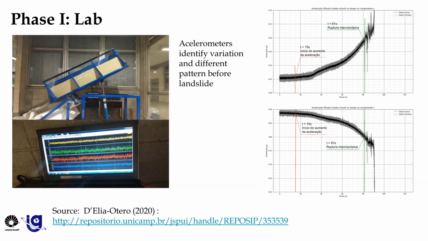This case is part of a master's degree thesis from Unicamp in geology, using this environment together with IPT and InterSCity members and researchers. It is possible to notice and identify variations and different patterns before the landslide.